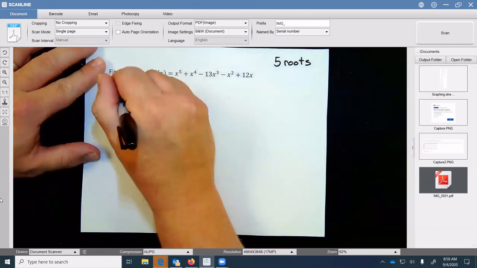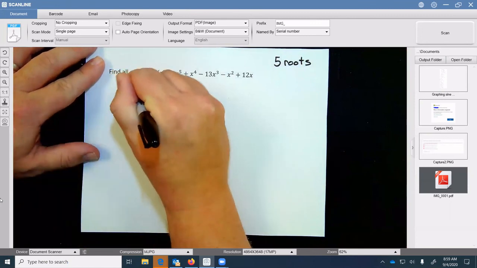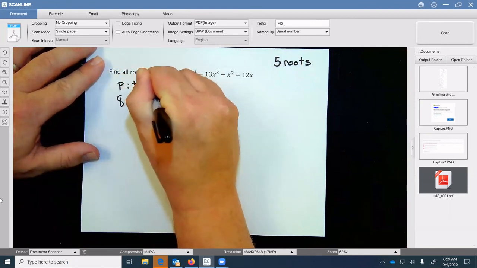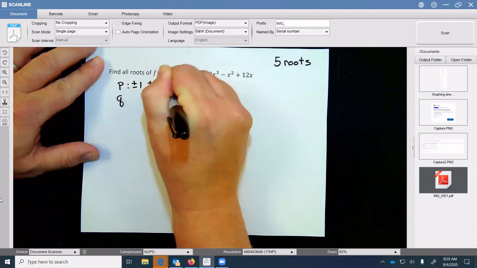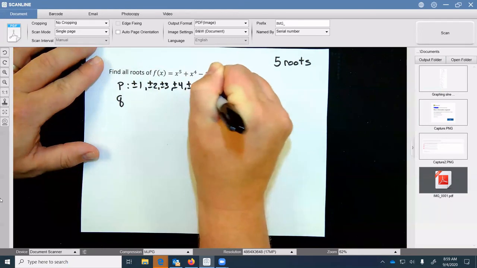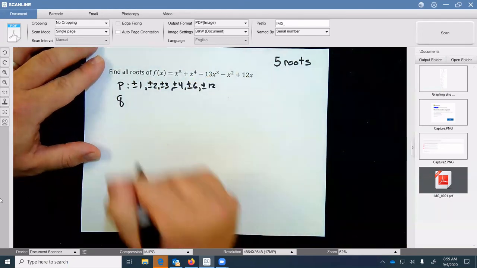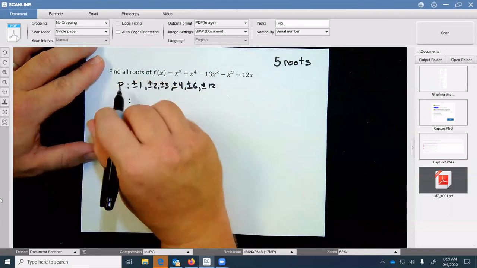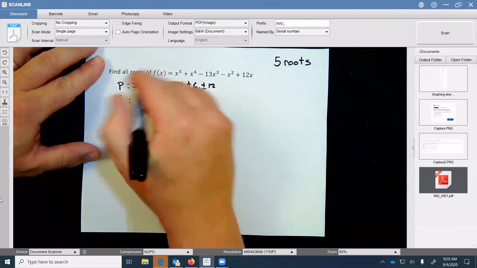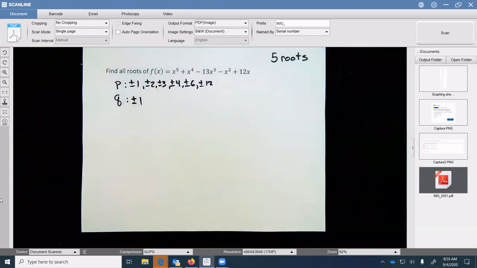If I do my p's over q's, p is plus or minus 1, plus or minus 2, plus or minus 3, plus or minus 4, plus or minus 6, plus or minus 12. Those are the factors of 12. And fortunately, the q's are only plus or minus 1.